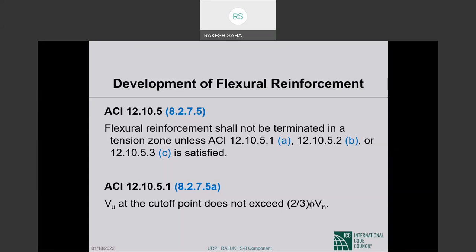First condition, V sub U, the required shear strength at the cutoff point, does not exceed 2/3 of the design shear strength that we have at that section. So V sub U at the cutoff point shall not exceed 2/3 of the design shear strength.